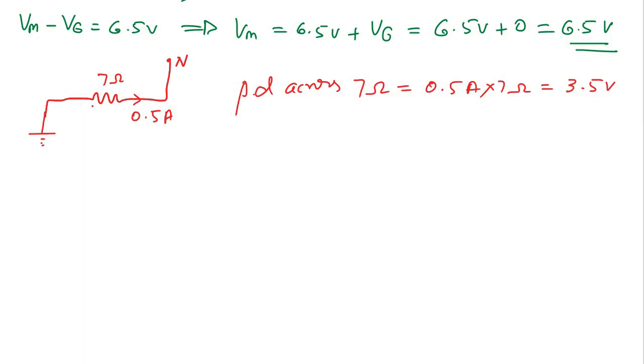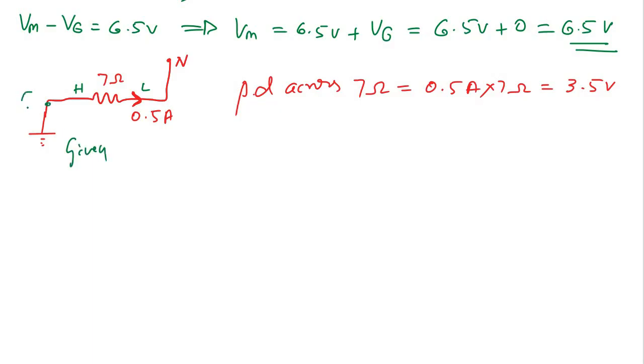3.5 volt. Okay, the current is flowing in this manner, right? What is the meaning of that? If the current is flowing in this manner, it means we have a high potential here and a low potential here. This is why we are considering 0.5 amps in the right side direction. But according to the picture, what have they given? They have given a ground here.